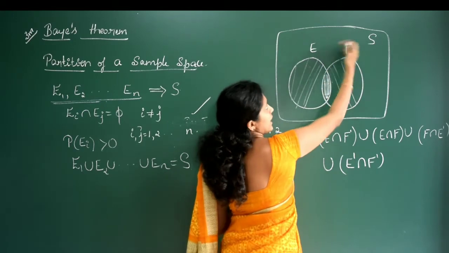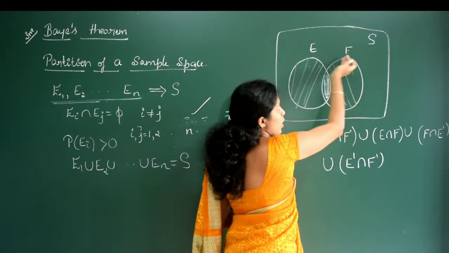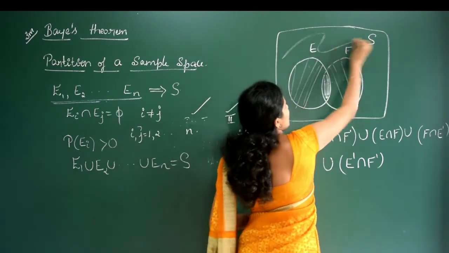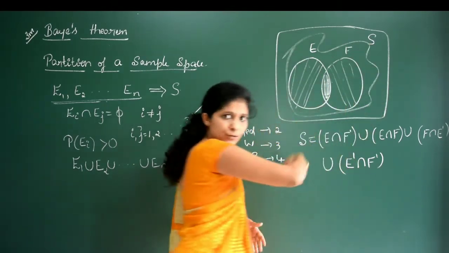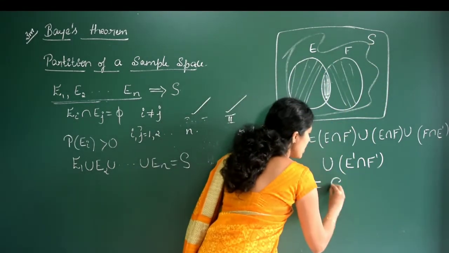E dash means all the elements outside E, F dash means all the elements outside F. If you combine everything, that gives you the sample space.